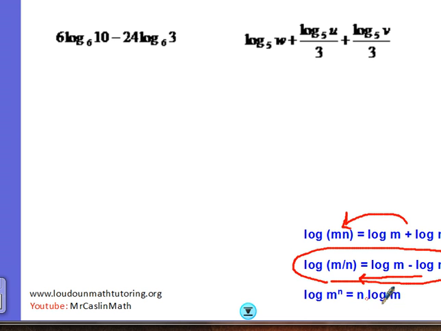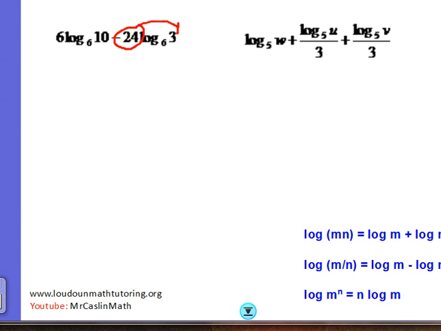Also notice that this property is in play here because you've got a multiplication in front of a log. That's going to become an exponent when you're going in this direction. When you're condensing, condense that multiplication back into an exponent.